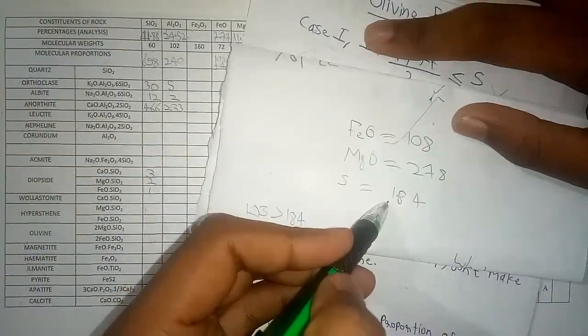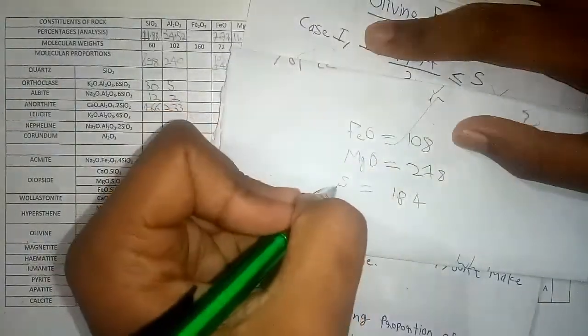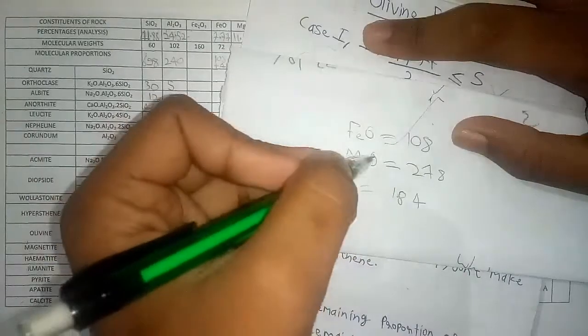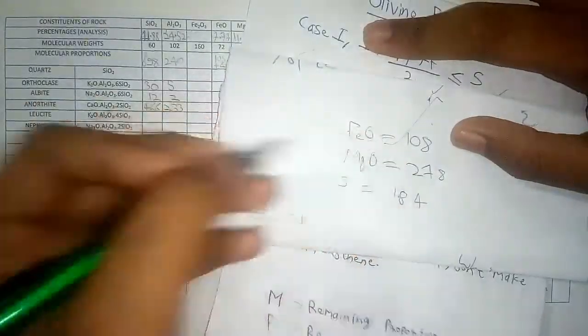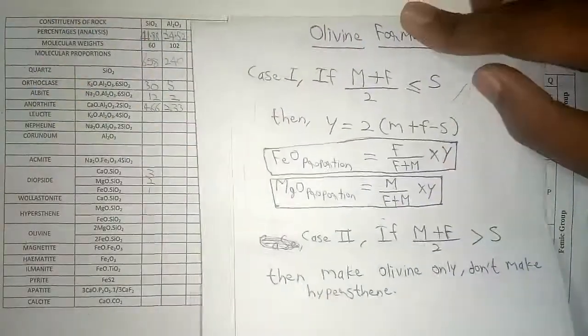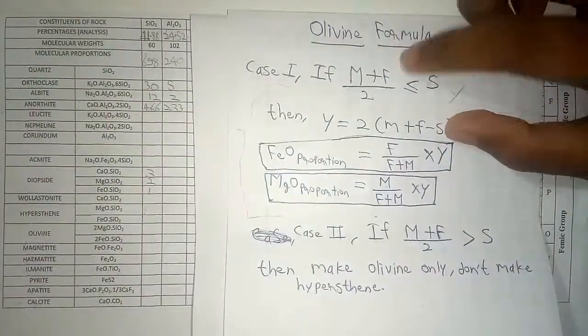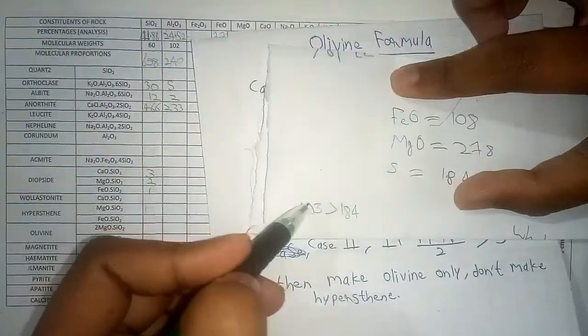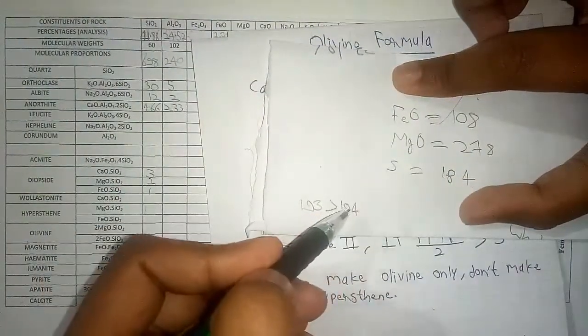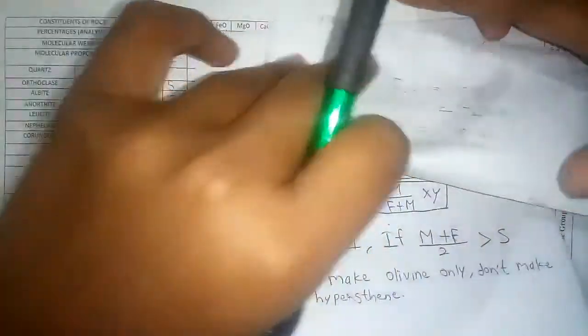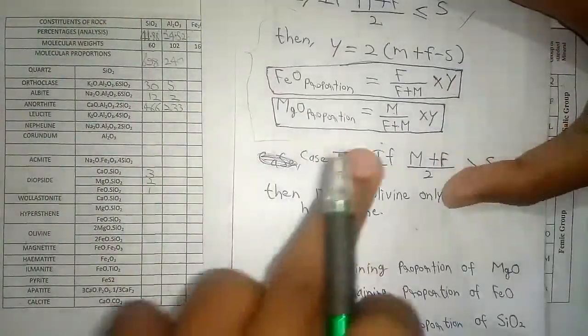I have written here 184, as you can see. So silica S equals 184, MgO is 278 and FeO is 108. I applied this formula, m plus f upon 2, and I got 193, and our silica value is 184.